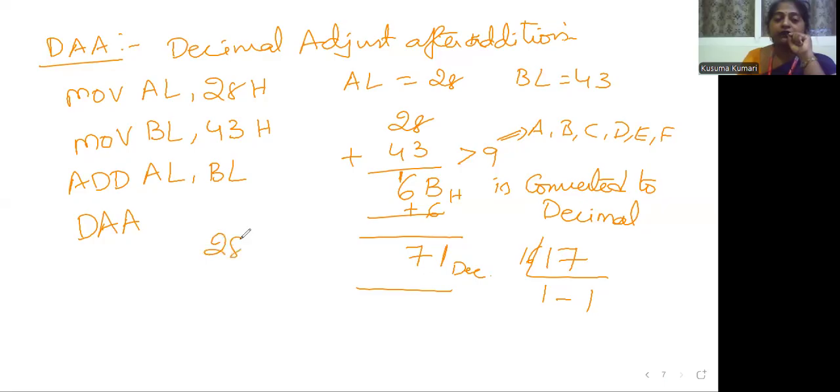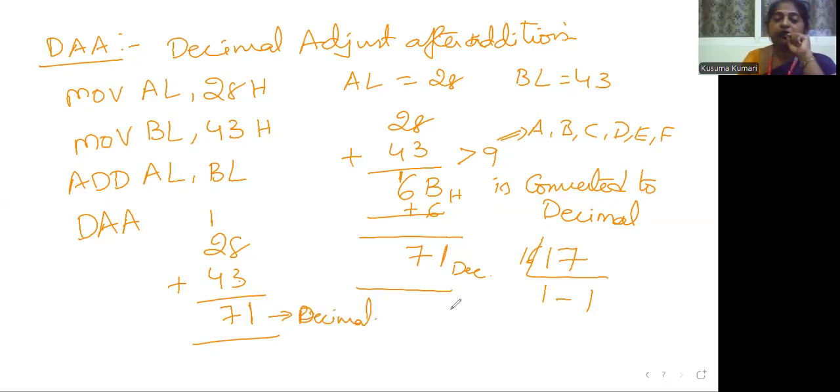Normally, if we add 28 plus 43, 8 plus 3 is 11, and this 1 carries, 4 plus 3 is 7. 71 is the decimal number.